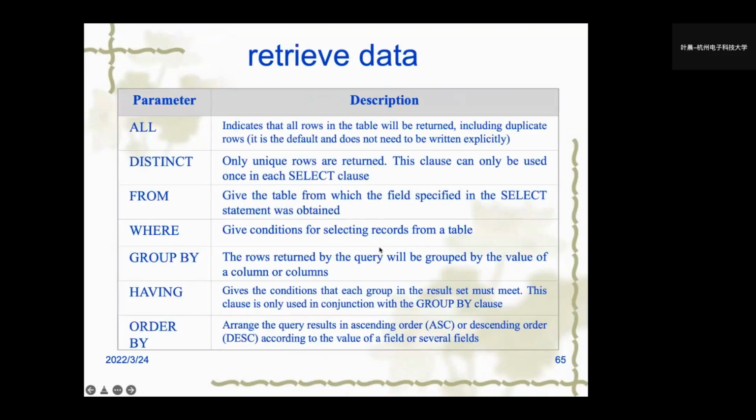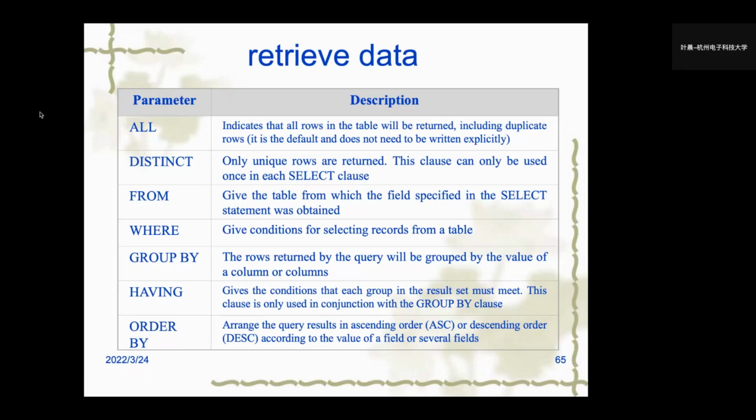So here I have given a very simple description for these parameters. For example, the parameter ALL indicates that all rows in the table will be returned. So if you write ALL after the select statement, it will return all the rows in the table, including the duplicated rows.